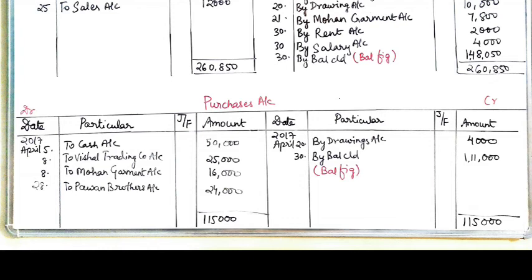Then purchases account debit to Pawan Brothers account 24,000. You can already see that the to side balance is 1,15,000, whereas on the by side we have only drawings of 4,000. The 1,15,000 minus 4,000, the balance c/d that is the balancing figure which will be carried down, will be 1,11,000 and the date will be the last day of the month, that is April 30.